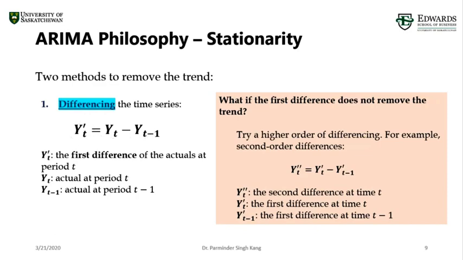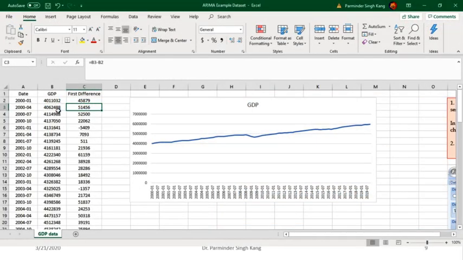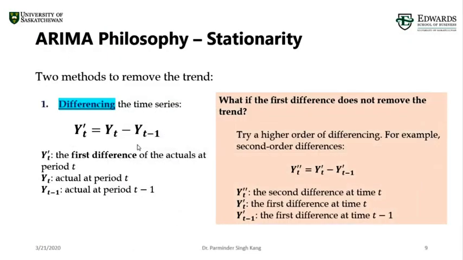So let's go back to our Excel document. The first difference for quarter 2 is going to be quarter 2 value minus quarter 1 value, right? Okay. So I will not go into much detail on this one because we already applied this in the previous chapters several times, right? And once you have taken the first difference, you're going to plot your time series again and do the autocorrelation.